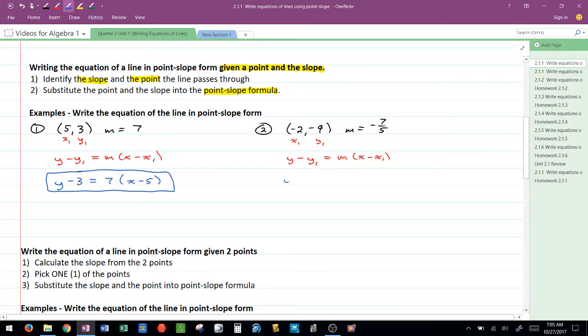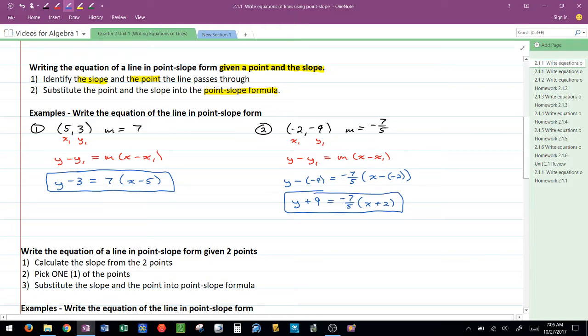So I have y minus negative 9 equals negative 7/5, the slope, times x minus, now again notice it's a negative 2, so I'm going to say minus negative 2. Now, this is not considered simplified form, so I need to clean this up. We can't have double negatives, we need to change them to a positive. So very simply the equation becomes y plus 9 equals negative 7/5 times x plus 2. And this is the equation in point-slope form.